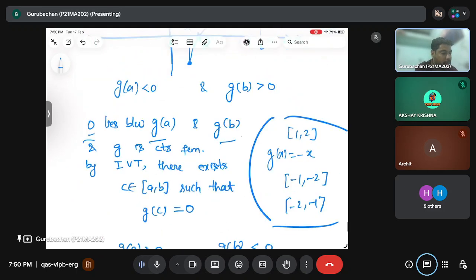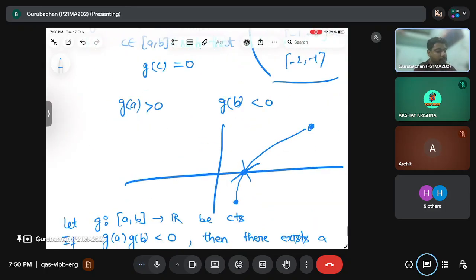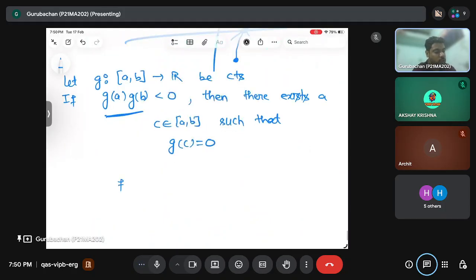So here I am saying prove that there exists at least one solution. That means for these values you have to check the function. At one point it should be negative and at one point it should be positive. So check what is f of 0, minus 1, and what is f of 1, 1.